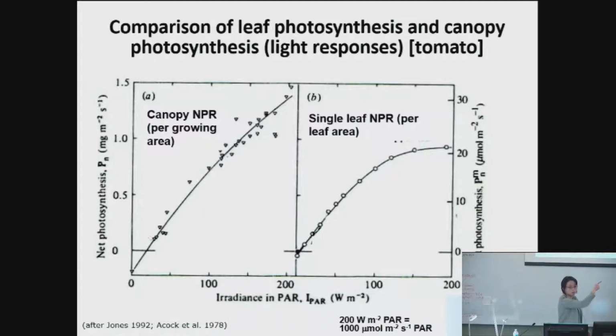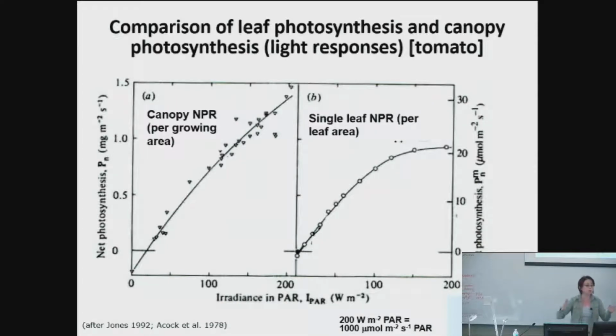The leaf response is per leaf area base, so it's only one single leaf, and you equate that to 1 square meter of leaf. So the magnitude is lower, therefore the unit is micromole level instead of milligram or millimole level. So the magnitude is different.